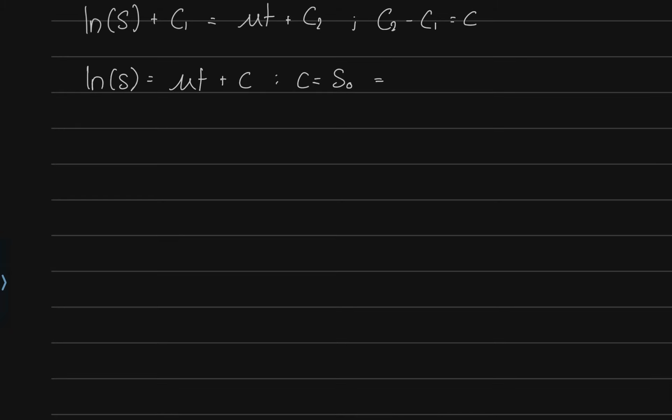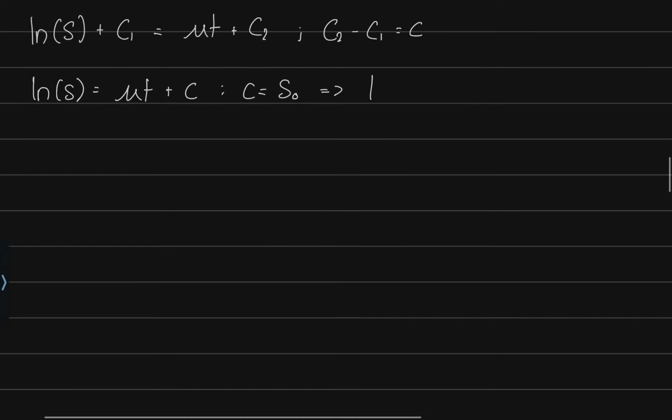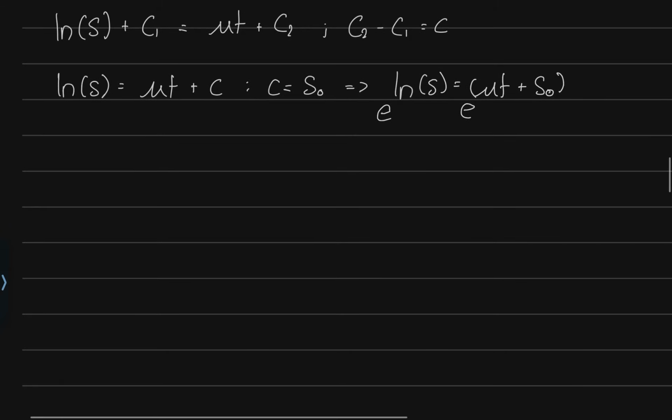So our final equation is actually going to be ln s is equal to mu t plus our initial stock price. Cool, so how do we solve for s? Well, we can raise both sides to the power of e. And what this will do, our e and ln will cancel out, which will give us this. So we'll have s as our function of time. It's going to be e to the power of mu t plus s naught.